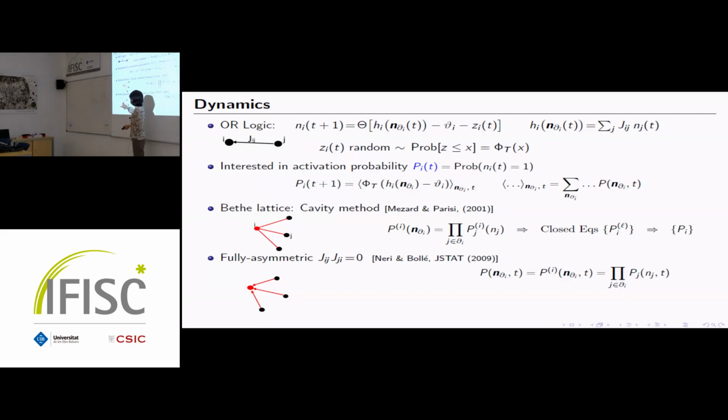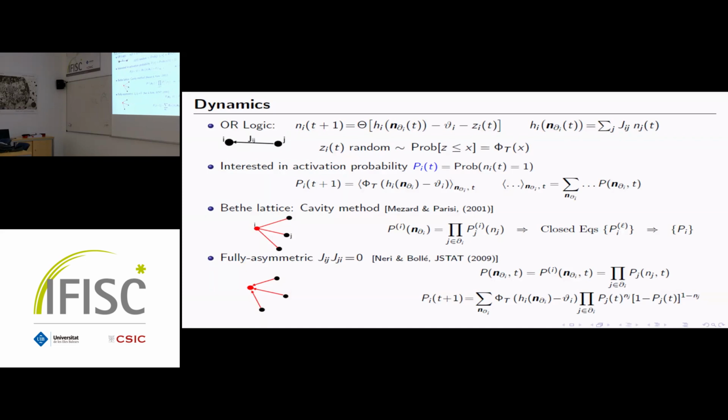Because if I eliminate node I, there is no way in which node J can ever realize that, because all these links are unidirectional, so it will never receive feedback. So if I insert this expression in here, I have a closed set of equations for these marginal probabilities. I basically need to average this function over the neighbors of I, but the neighbors of I are distributed in a factorized form, which can be expressed in terms of the activation probabilities of the neighbors themselves.